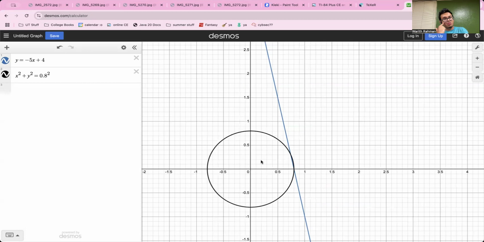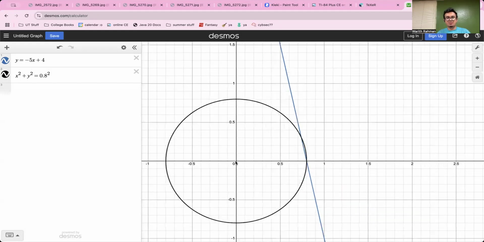So what our idea should be is that our line is a tangent, right? What does that mean? It intersects the circle exactly once at a right angle. But at a right angle relative to what? It's going to be a radius, from 0 to here. This should be a right angle. Meaning, if our line has slope -5, the radius is perpendicular to it with a slope of 1/5.